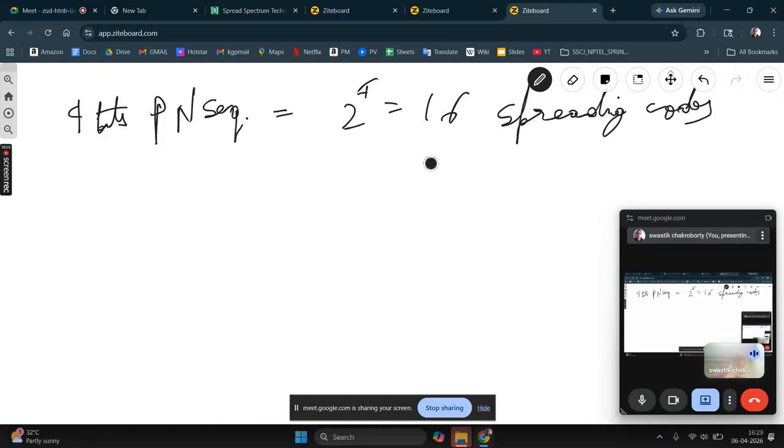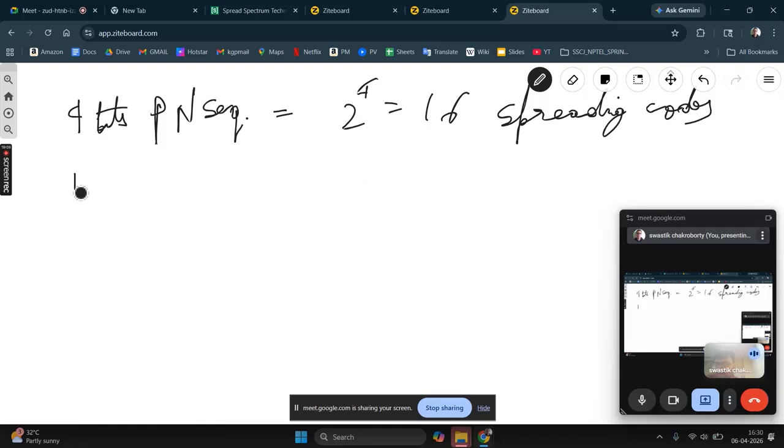Now 16 spreading codes means 2 to the power 4 equal to 16 spreading codes.